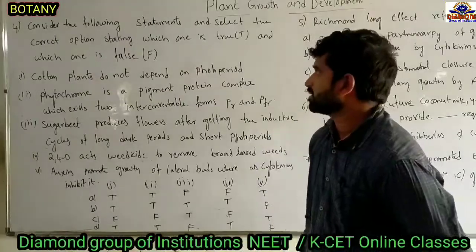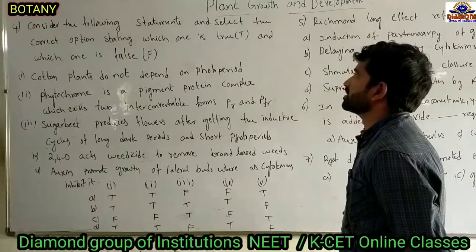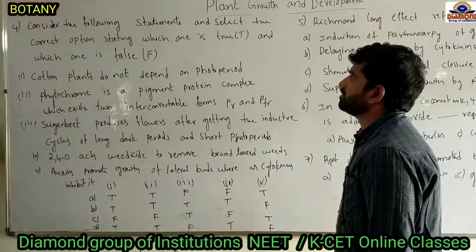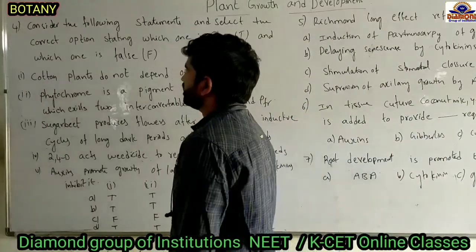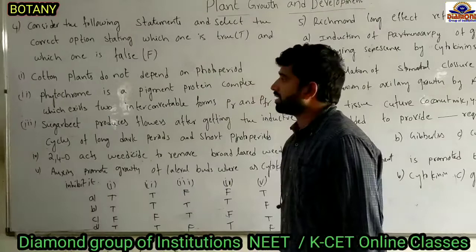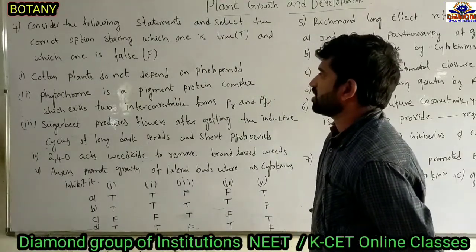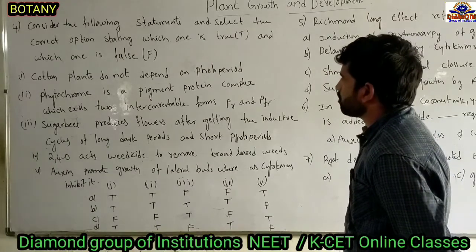Next question. Consider the following statements and select the correct option stating which one is true and which one is false. Some options are given, and we have to identify the true and false ones. First option: cotton plants do not depend upon photoperiod.